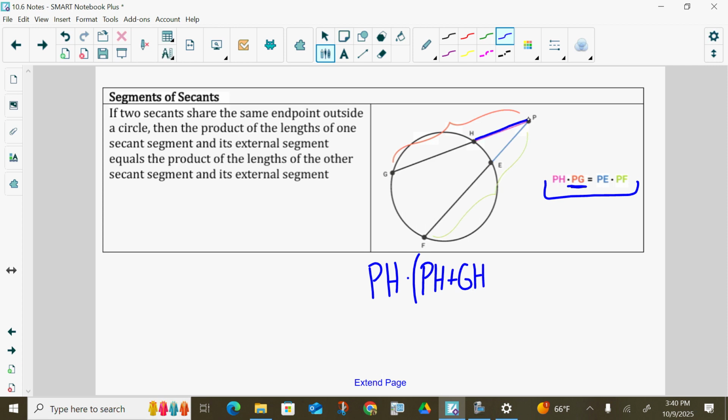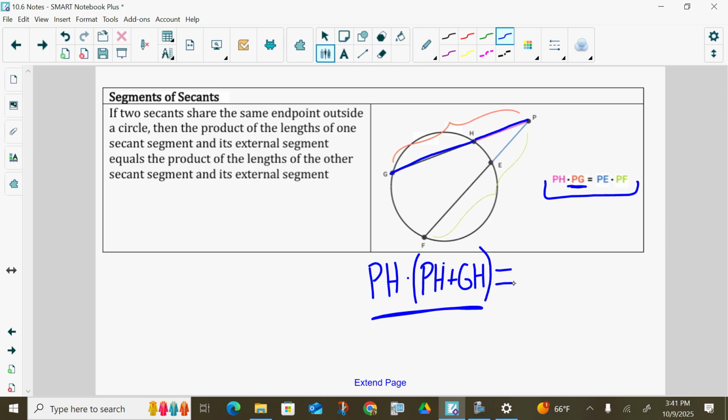PH is the outside, GH is the inside, and together they make the whole segment. So this is still our outside times our whole segment, just broken up a little bit more. Makes it easier for us to use.